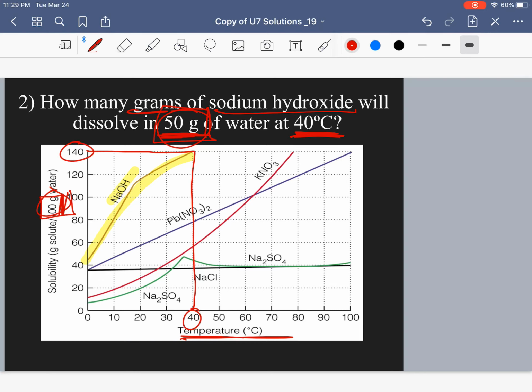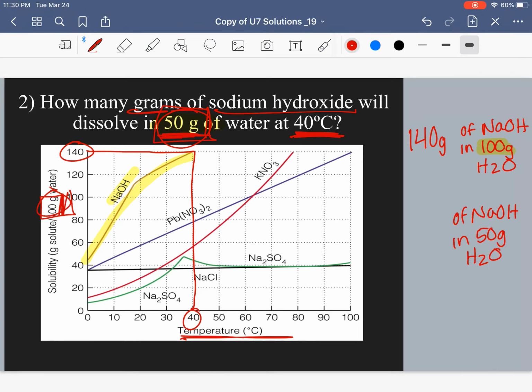All right, so 140 grams of NaOH dissolves in 100 grams of water. But this asks me about 50 grams. Well, what is 50? 50 is half of 100. So if 140 grams of NaOH dissolve in 100 grams, how much would dissolve in 50 grams?